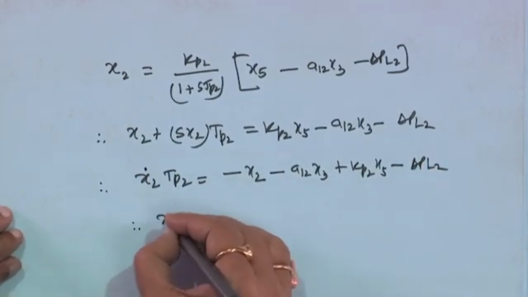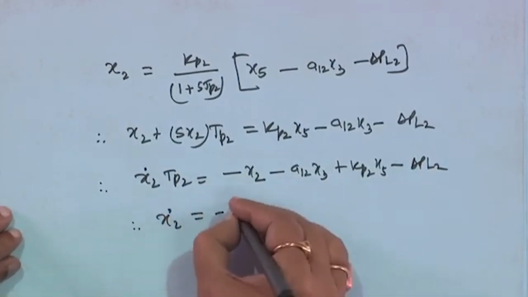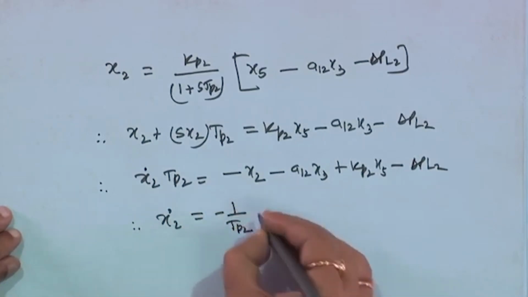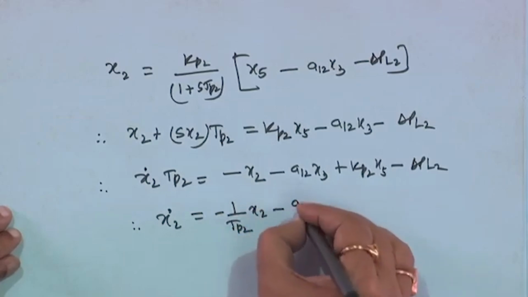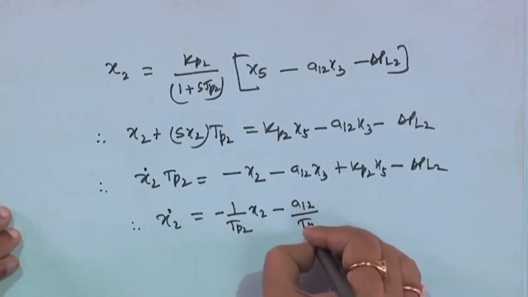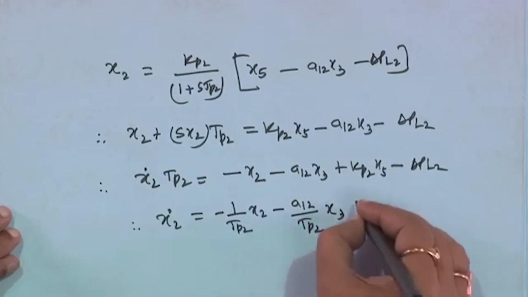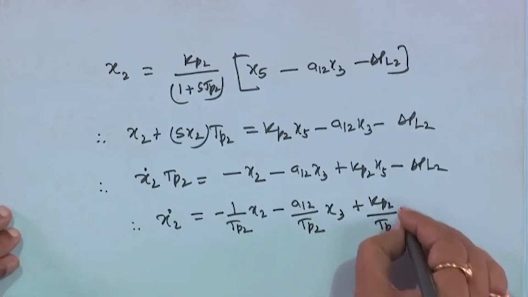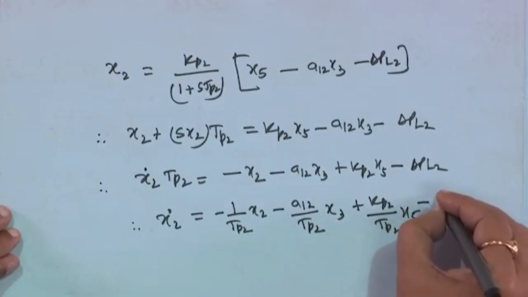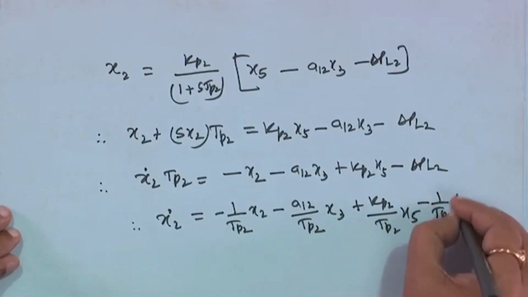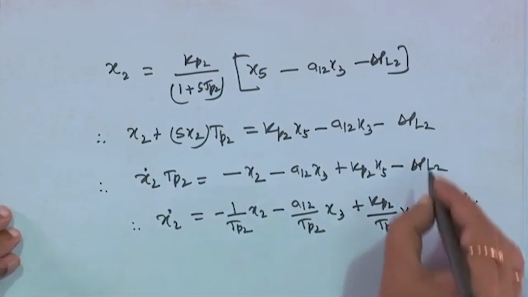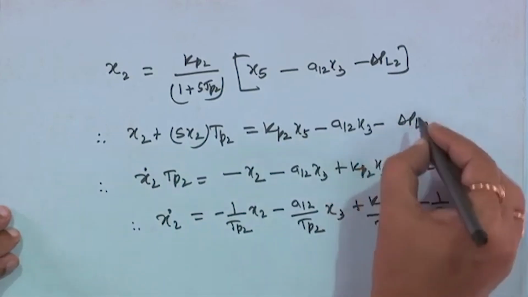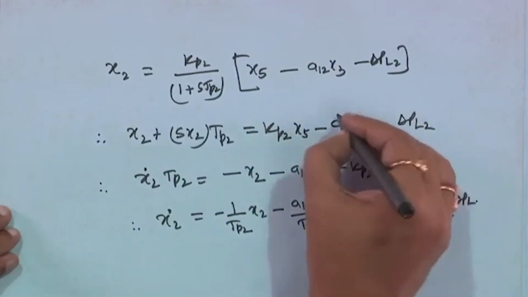That means x2 dot is equal to minus 1 upon Tp2 x2 minus a12 upon Tp2 x3 plus Kp2 upon Tp2 x5 minus 1 upon Tp2 delta PL2. Sorry, I have missed the multiplication of Kp2 here.